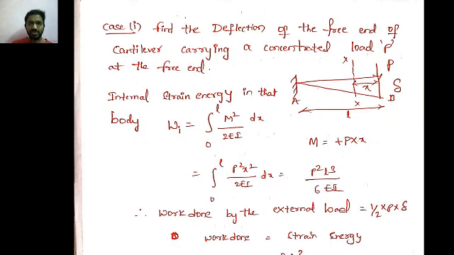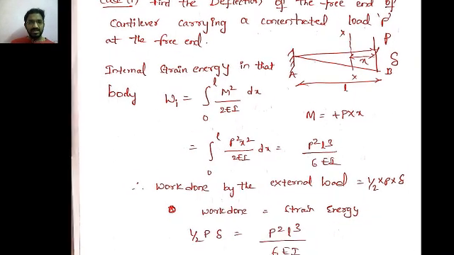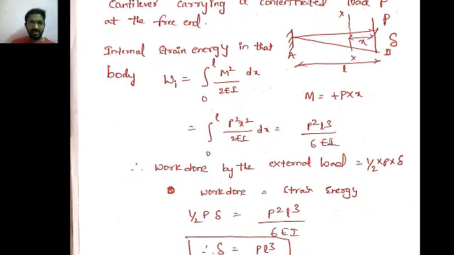Substituting P into x in M square, finally we got P square x square by 2EI. After integrating from 0 to L, P square L cube by 6EI. So the internal strain energy is equal to P square L cube by 6EI. We know the work done by the external load: half into load into deflection.